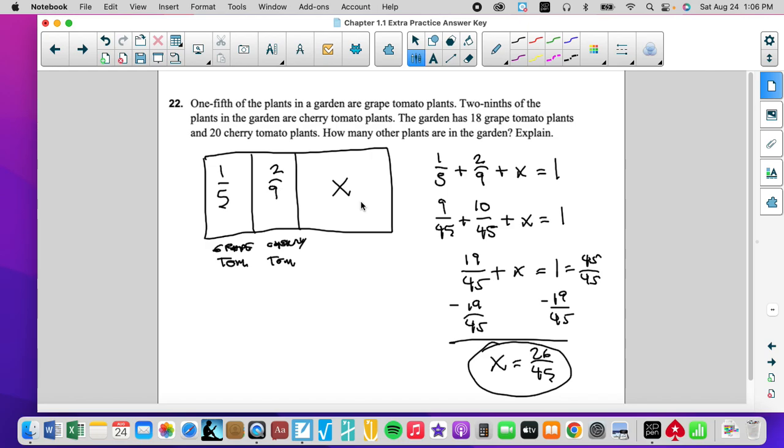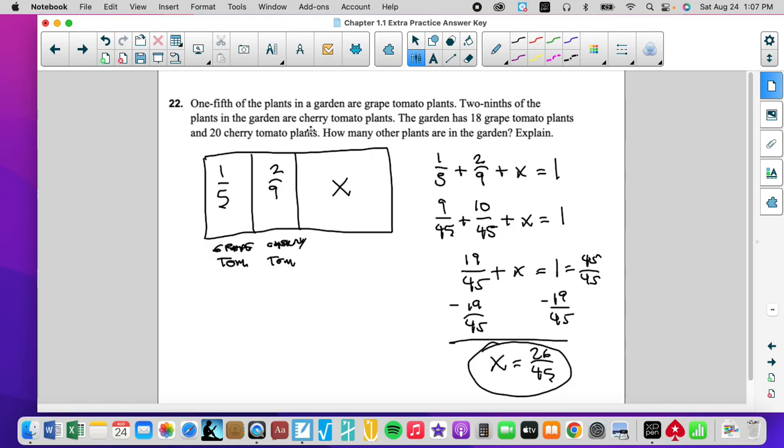So how many plants? So if 1/5 is equal to 18 of those, and 20 represents that number of plants, then how many is this equivalent to? Well, 45ths. How many other plants are in the garden?